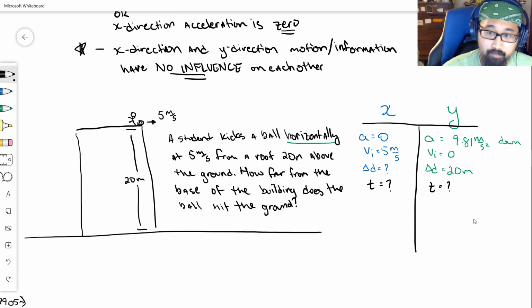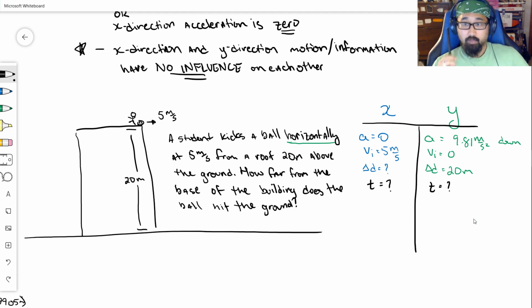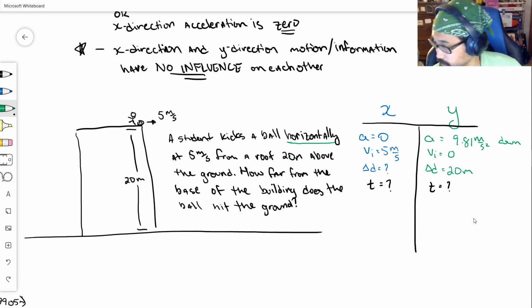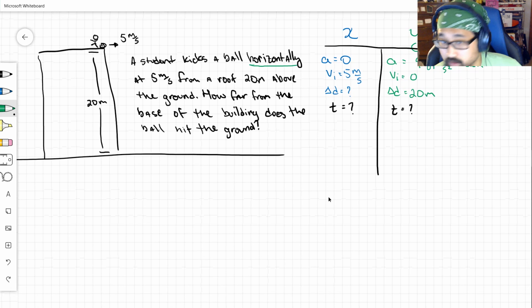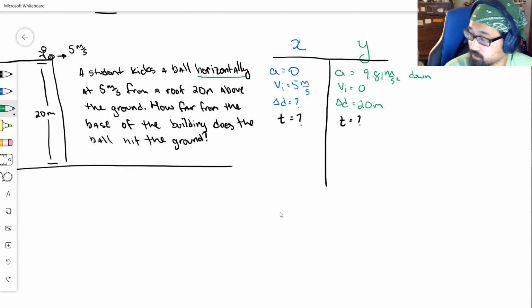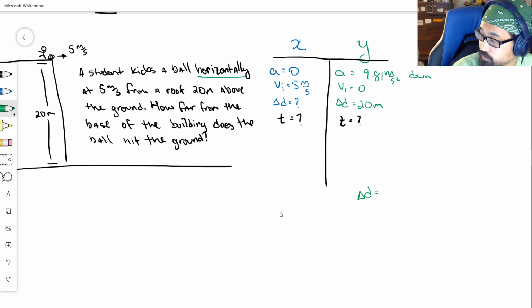All right? So, if this was just a ball that was dropped from a 20 meter high rooftop, I would know how to solve that. I would know that the change in distance is equal to initial velocity times time plus 1/2 acceleration times time squared.